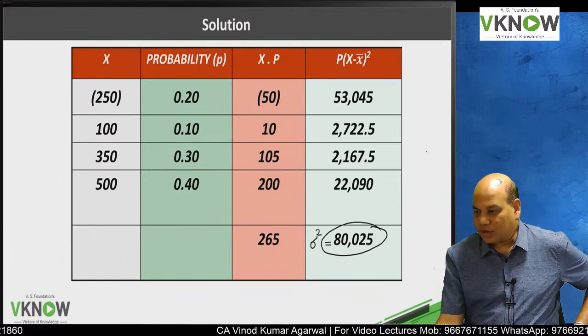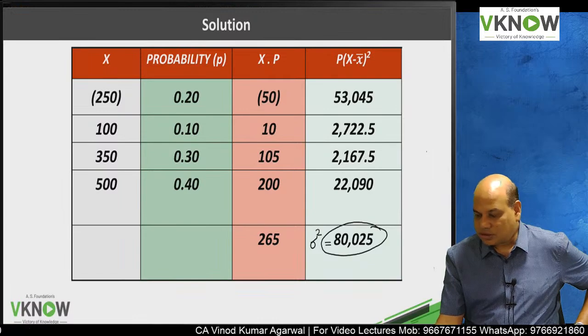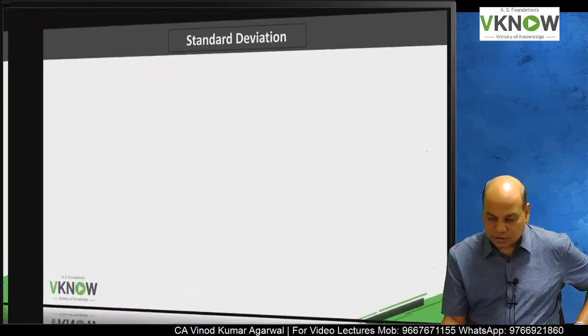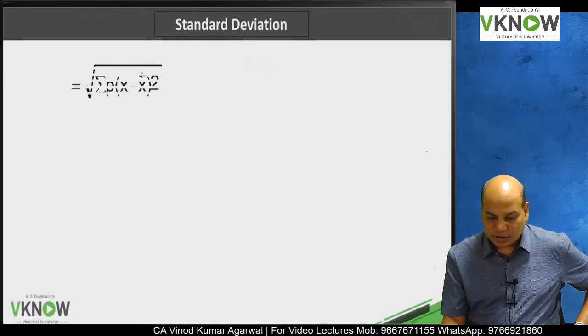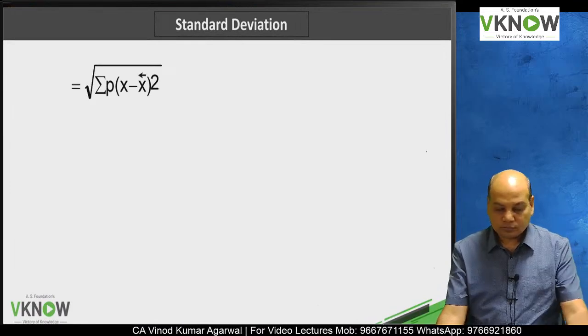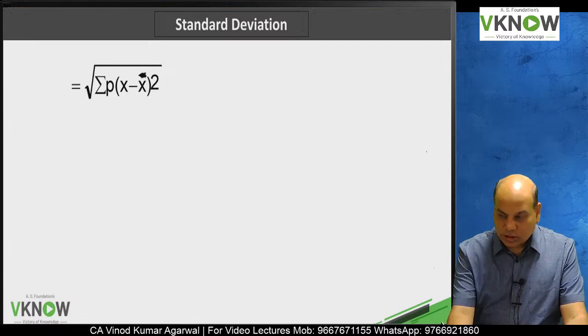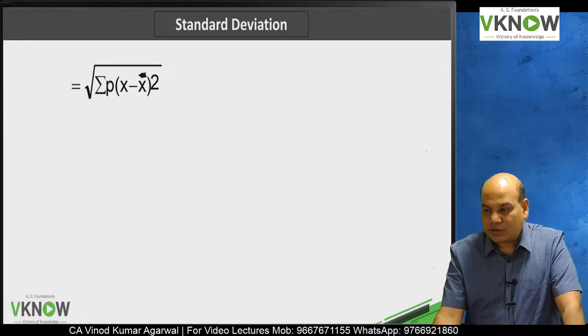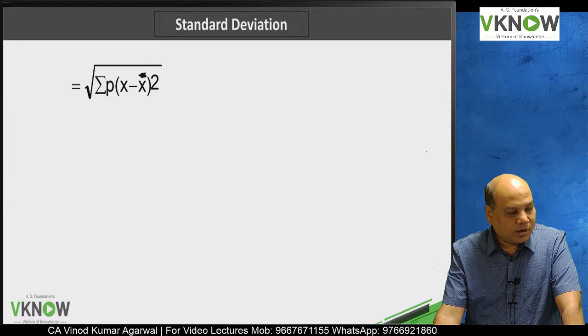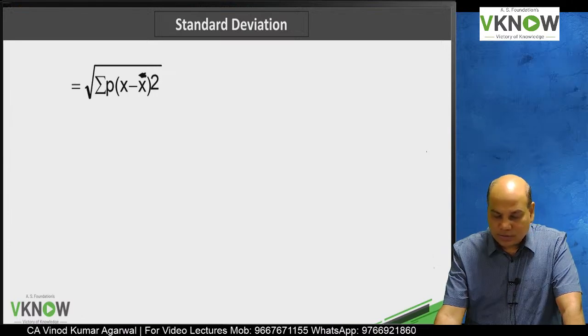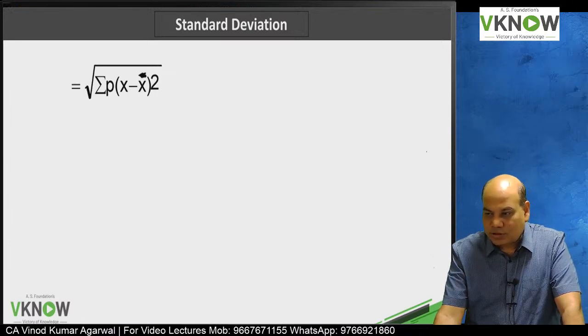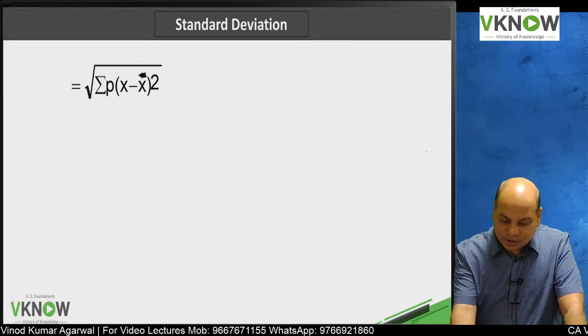You have to take the square root of that to get the standard deviation. So write down below: standard deviation equals under root summation p into (x minus x bar) square.